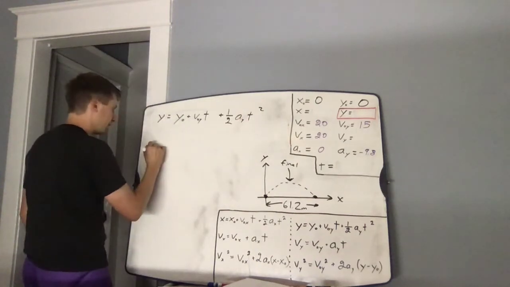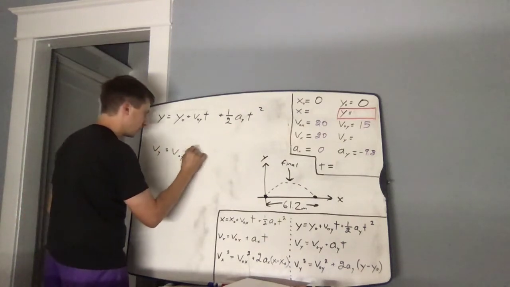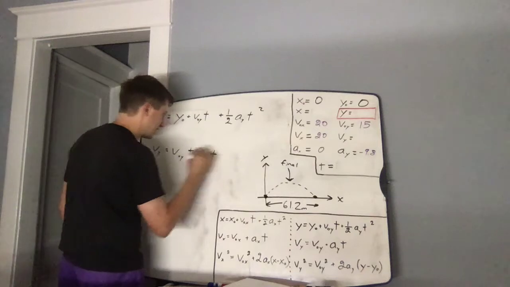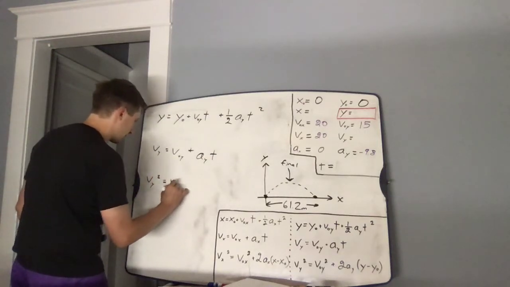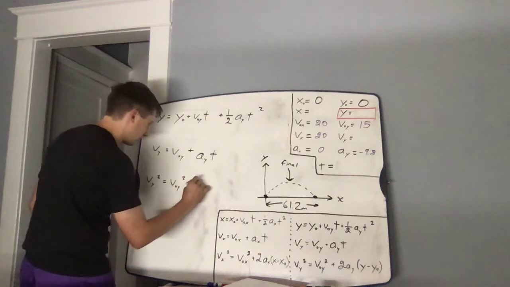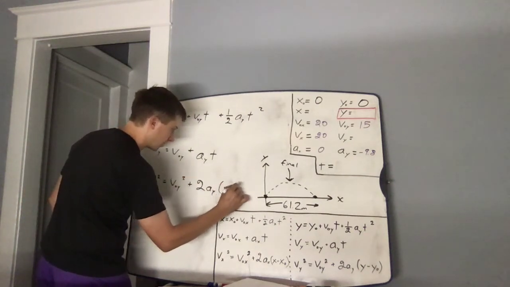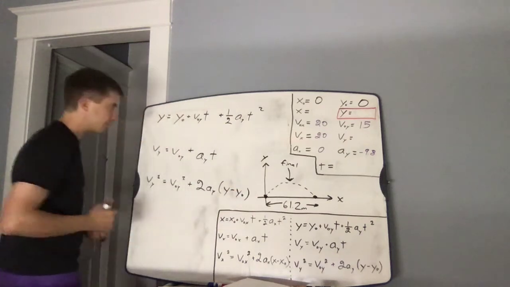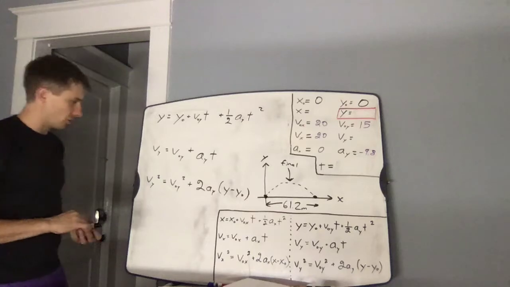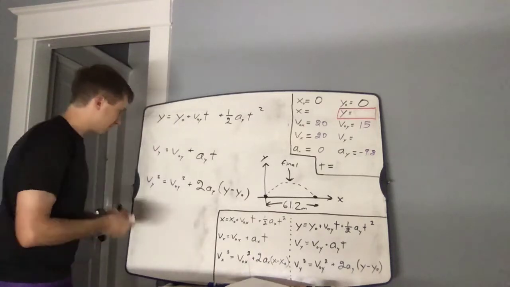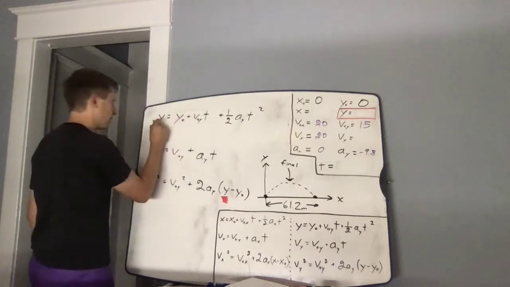I have Vy is equal to V initial y plus a y t. I have Vy squared equals V initial y squared plus 2 a y times y final minus y initial. What equation will help me find y final? So ultimately, y final is found here and y final is found here.